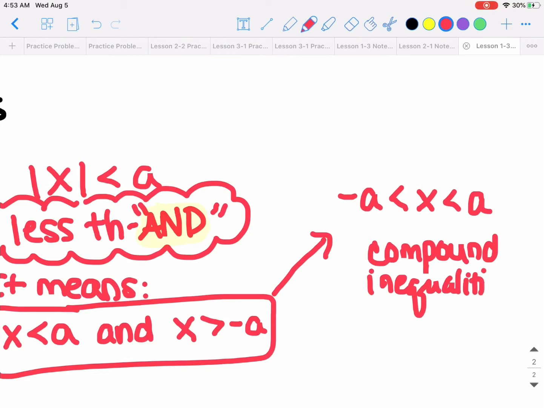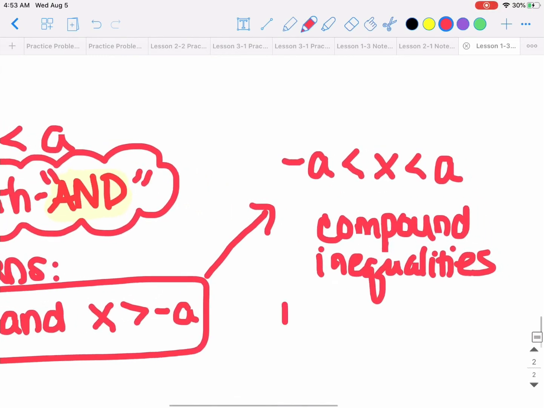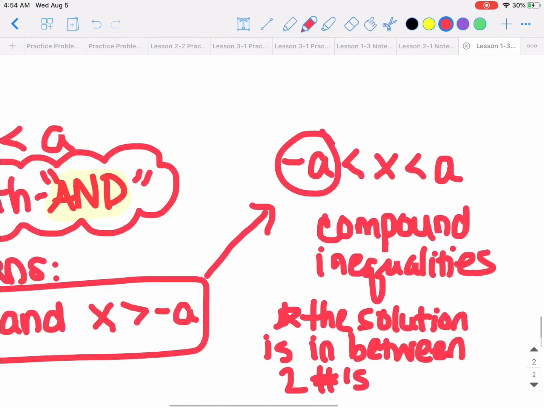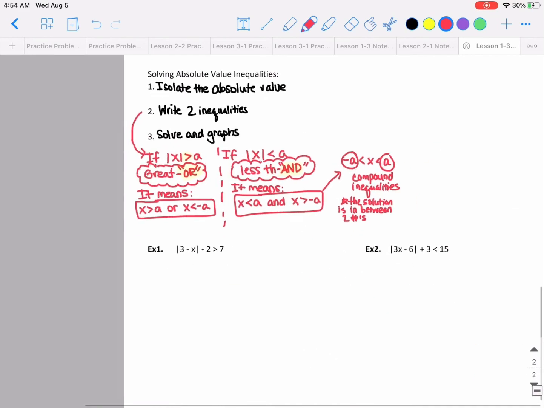It means that the solution is in between two numbers, in between negative a and positive a.